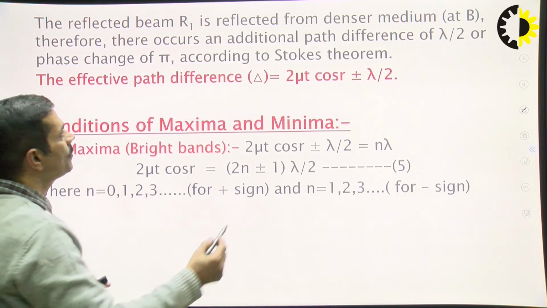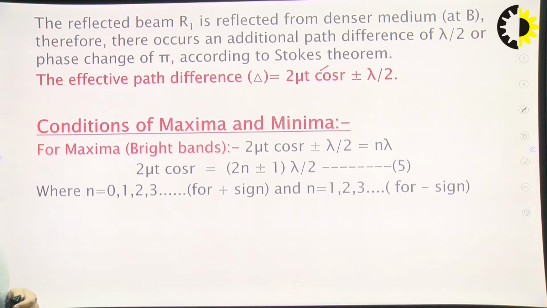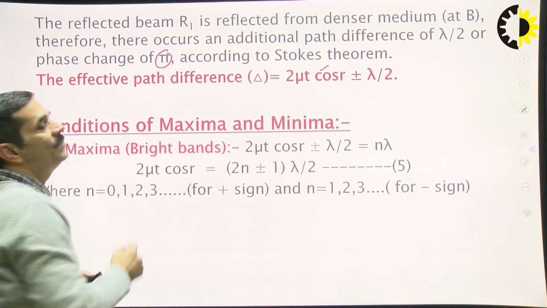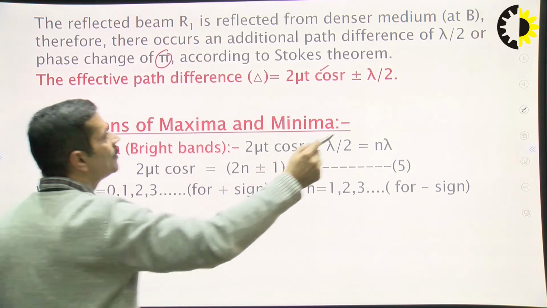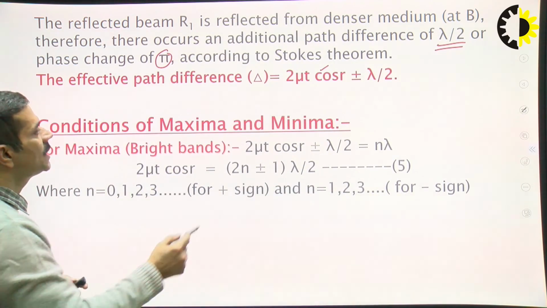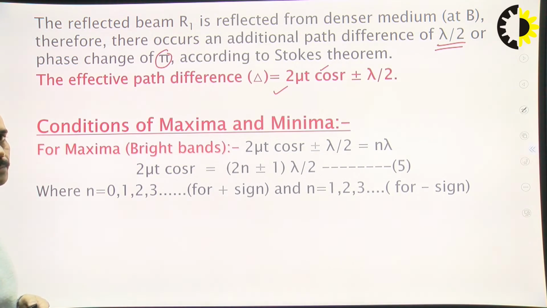That means the resultant path difference will be 2 mu T cos R plus minus lambda by 2, because corresponding to a pi phase difference there will be a lambda by 2 path difference between the waves.